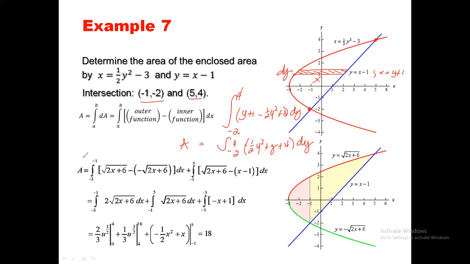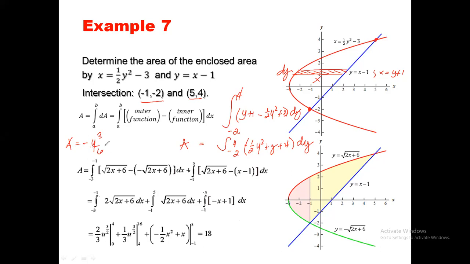The integral that you have here, the area, will be equal to negative 1/2 y squared. If you use the power rule, that would be negative y cubed, divided by, since you have 2 here, 6. So y cubed over 6.